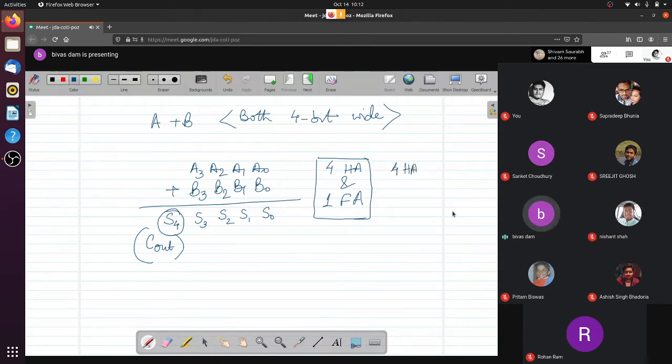No, that you cannot ensure. Whenever you are trying to devise a circuit for A plus B operation, you cannot put any limit on the values of A and B. So in that case, do you want to modify your answer? No, sir. Only 4 half adders.